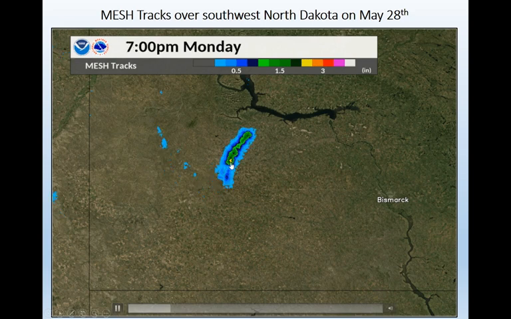Right there, MESH was suggesting giant hail over 2 inches in diameter. So right off the bat, you would maybe want to question that a bit, seeing as though our environment really wasn't supportive of giant hail greater than 2 inches. In general, it was supportive of hail less than 1.75 inches.